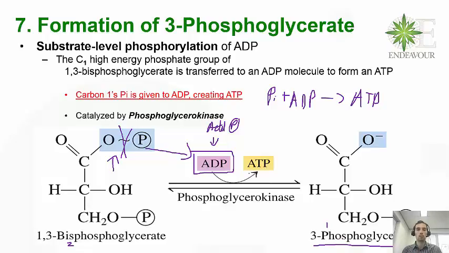Do we perform it once or twice? How many 1,3-bisphosphate glycerates do we have? Remember, we're in the C3 stage of glycolysis now, so we have 2 of these 3-carbon compounds, 2 1,3-bisphosphate glycerates. So we have to do this reaction twice.